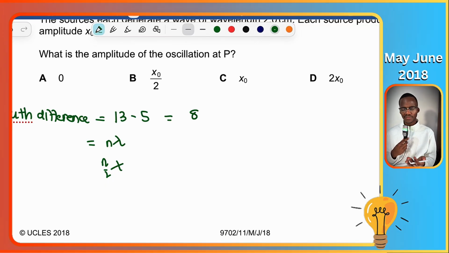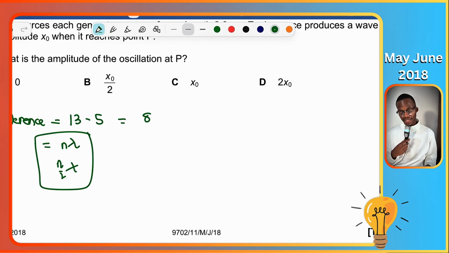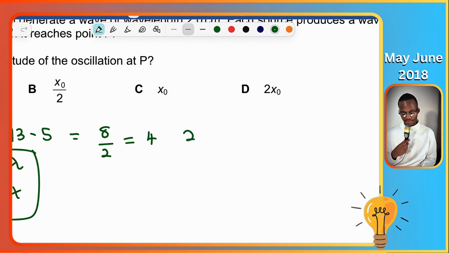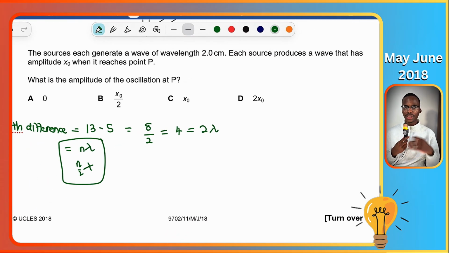These are facts that you should know. So 13 minus 5 divided by the wavelength, which is 2, gives you 4, which is actually 2 lambda. So the path difference is a multiple of lambda, which tells you that they're going to arrive in phase at that specific point.